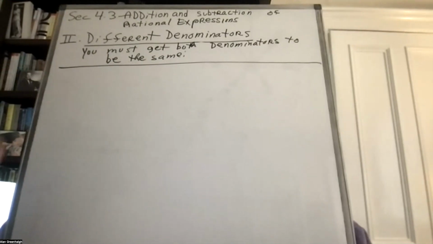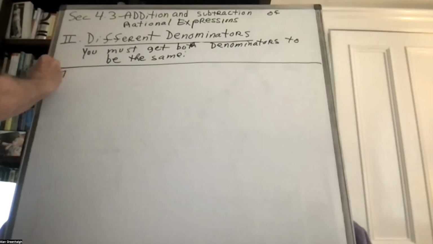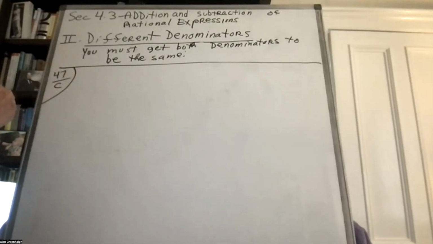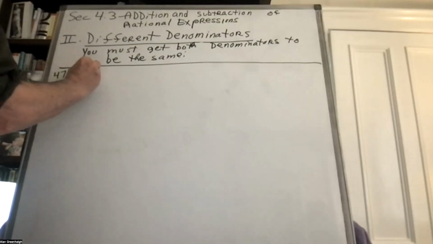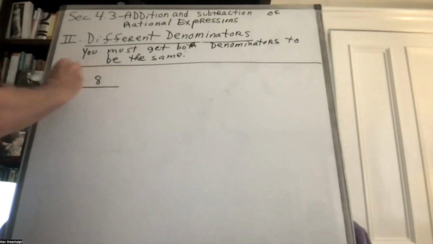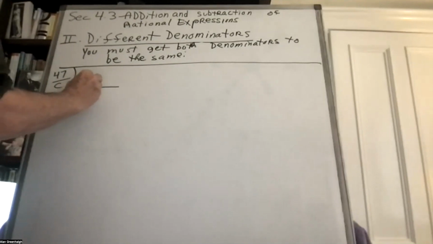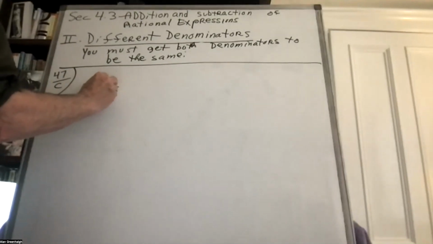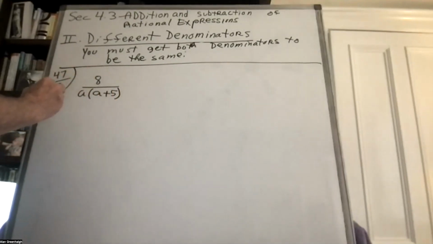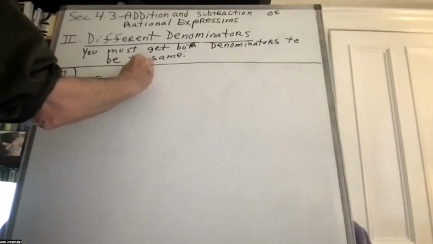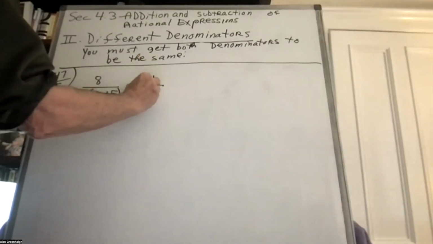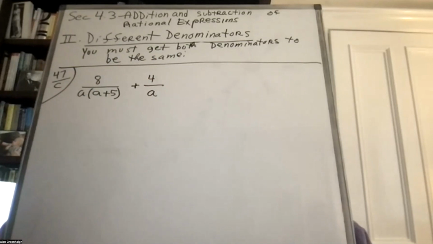These are page 47. And this will be problem C. The problem is 8 divided by a times a plus 5, plus 4 over a.